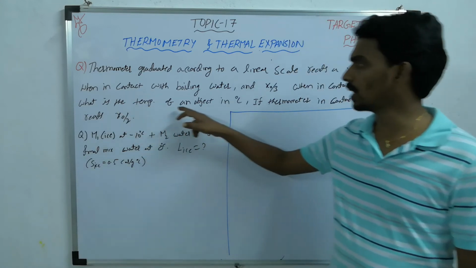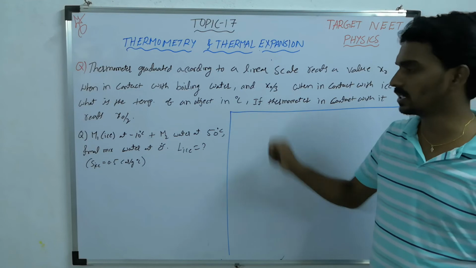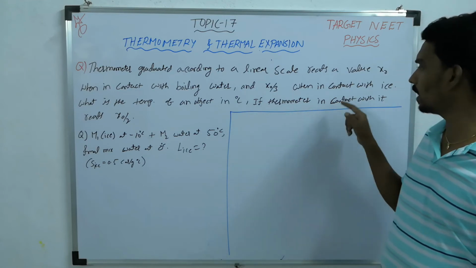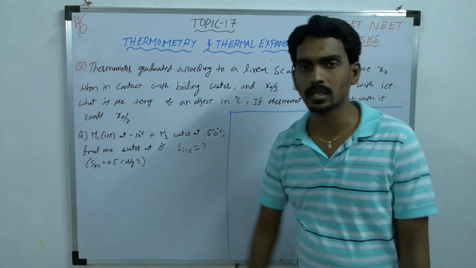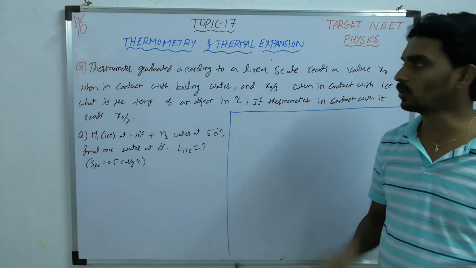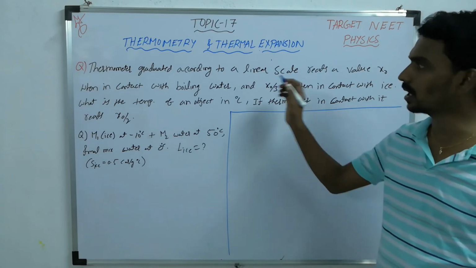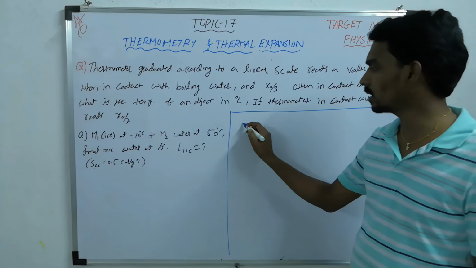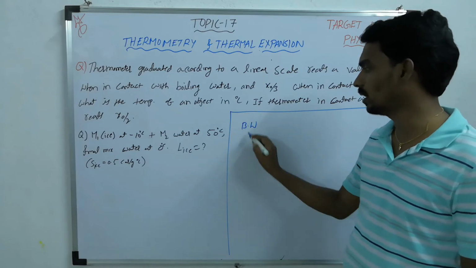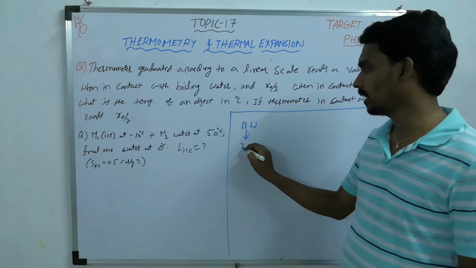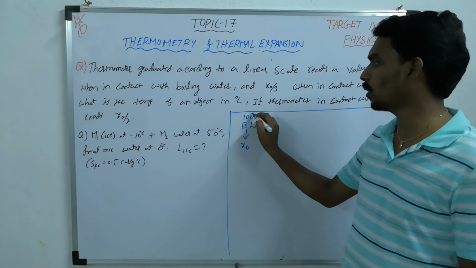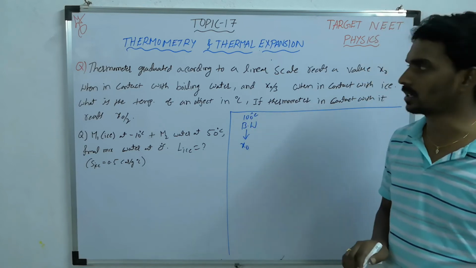So what is the temperature of an object in degrees Celsius if the thermometer in contact with it reads x0 by 2? Try to understand the question: there is a thermometer. When it is in contact with boiling water, the reading is x0, and the corresponding temperature is 100 degrees Celsius.